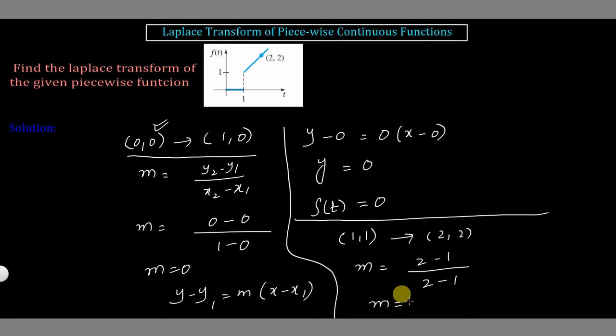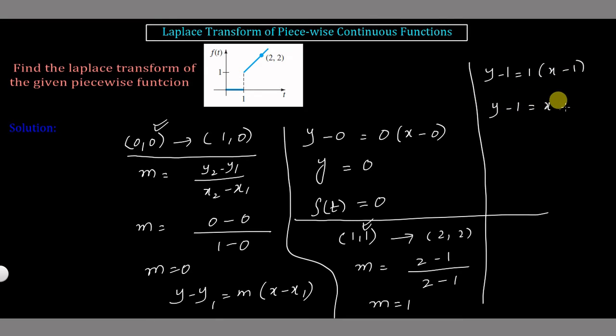So the gradient will be 1. We can use any of the points; I'm using the point (1, 1). So y minus 1 equals m into x minus 1. The minus 1 will cancel, so it will be x. So y is basically f of t and x is basically t.